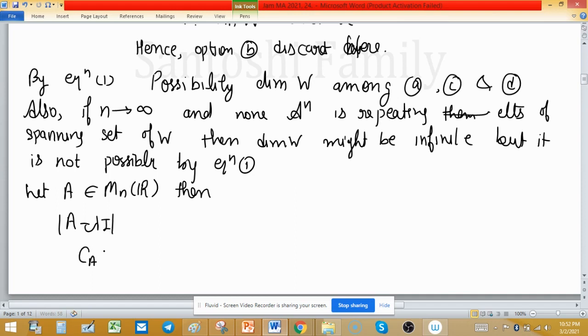We normally denote it C for characteristic, A for matrix A, and if it is in variable x, then we use x. So the characteristic equation will have the structure x raised to the power n plus a naught x raised to the power n minus 1, and so on, plus an minus 1 x plus an. This is the format of the characteristic equation.